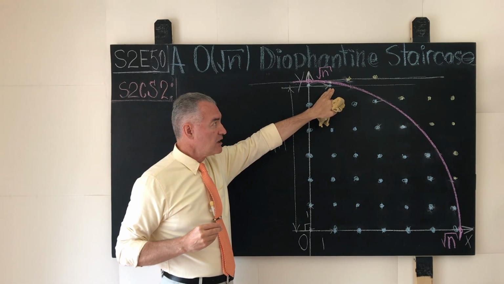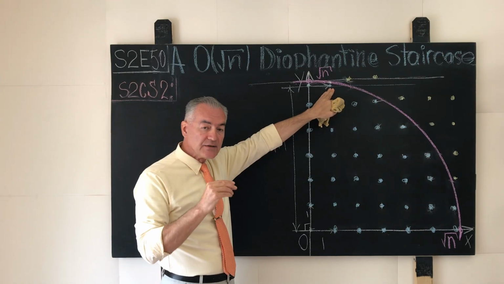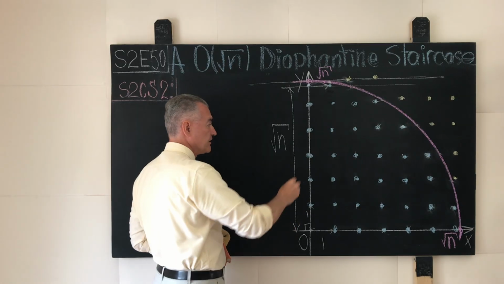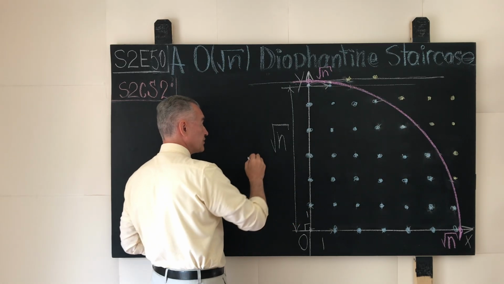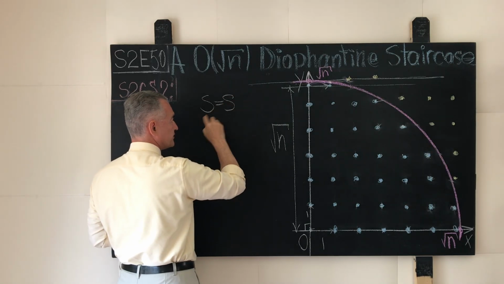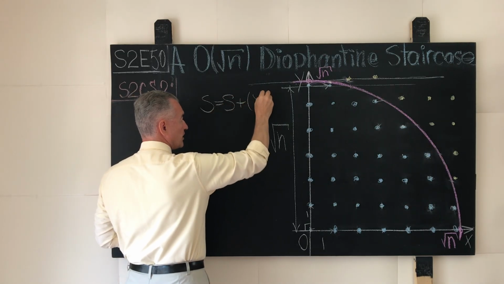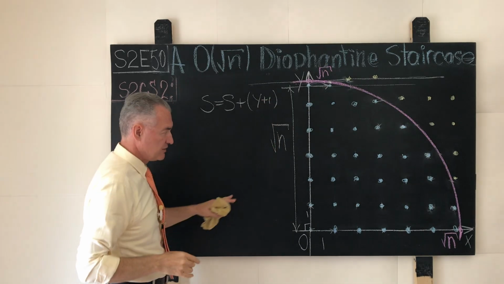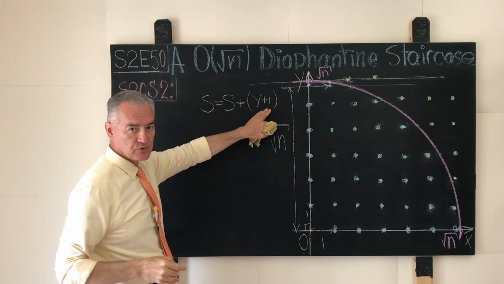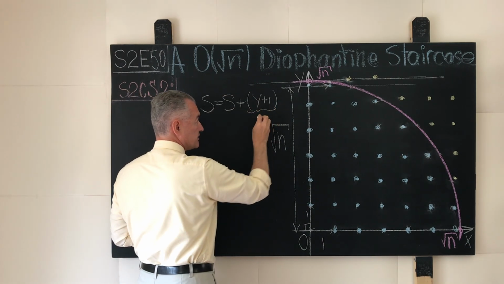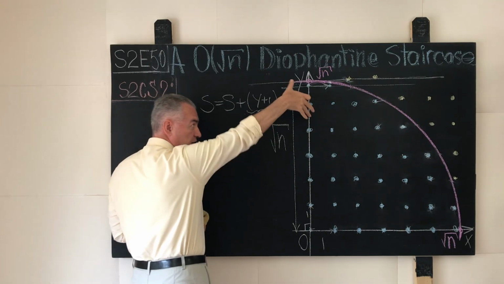And if that column is still legal, if we're still under the arc of the bounding circle, then we simply add to our total. We will say S is equal to S, the sum total, plus some amount, the y coordinate plus 1. Don't worry about it, you will figure out what this expression is. Basically, that means how many points are under that column.